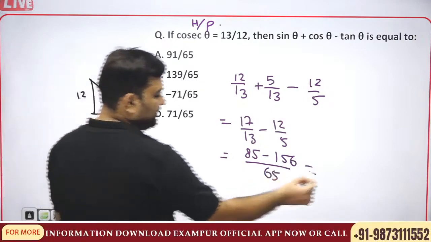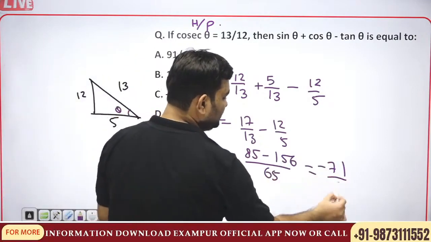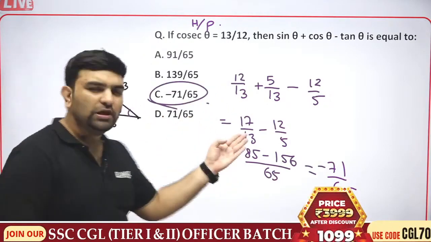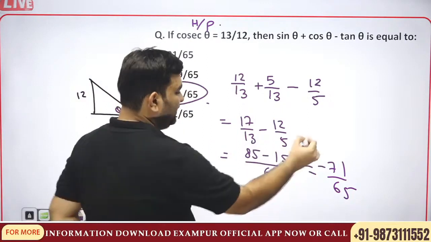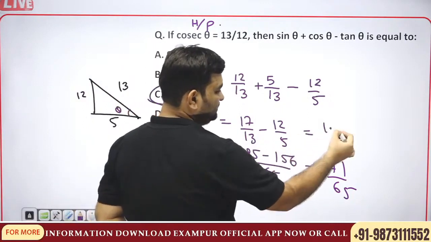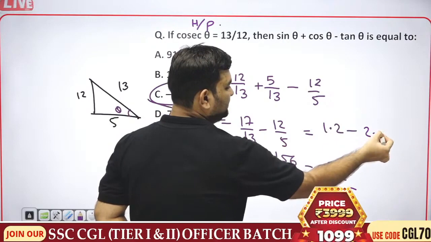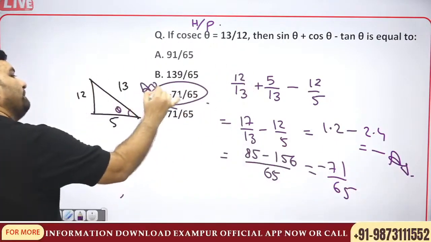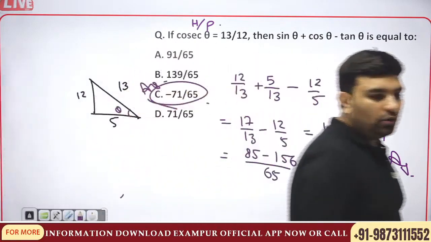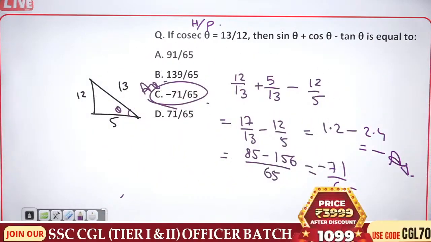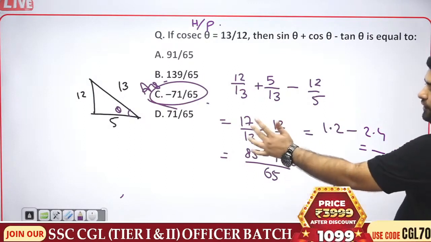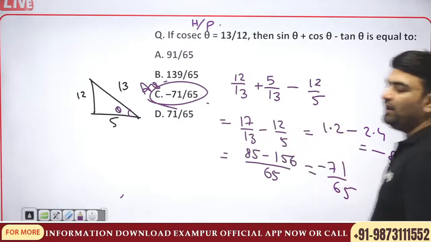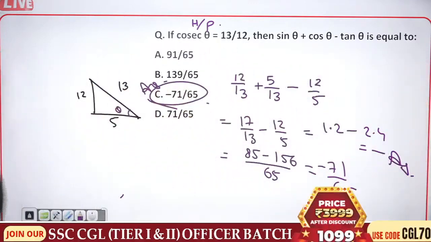So 6 minus 5, 1, minus 71 by 65. It was also visible that this is only 1 point something and this is 2 point something, so the answer is negative. Even if you don't solve it completely, it is visible that this will be around 1.1, 1.2, 1.3 and this is 2.2, 2.4. So negative is the answer. Only option C.